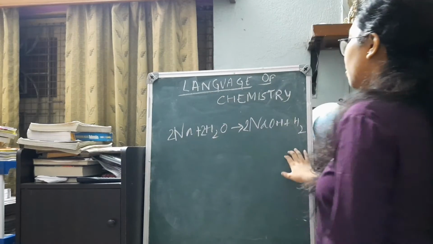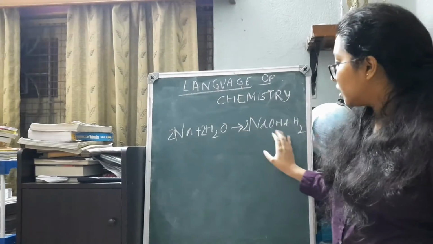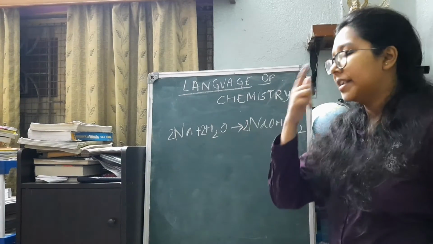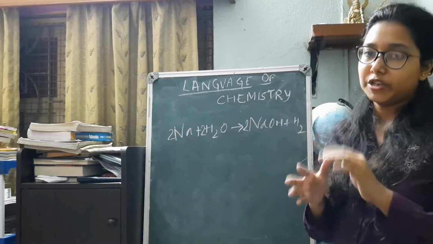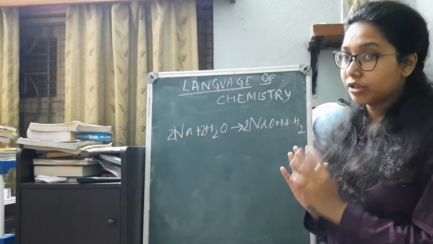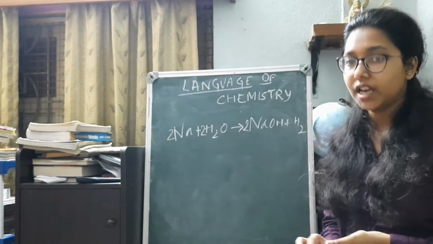Okay, so I just balanced it so that the number of reactants and the number of products are equal. It depends on the question, but in general the question asks you to provide the balanced chemical equation only. So I am not moving to the balancing of the equations today.